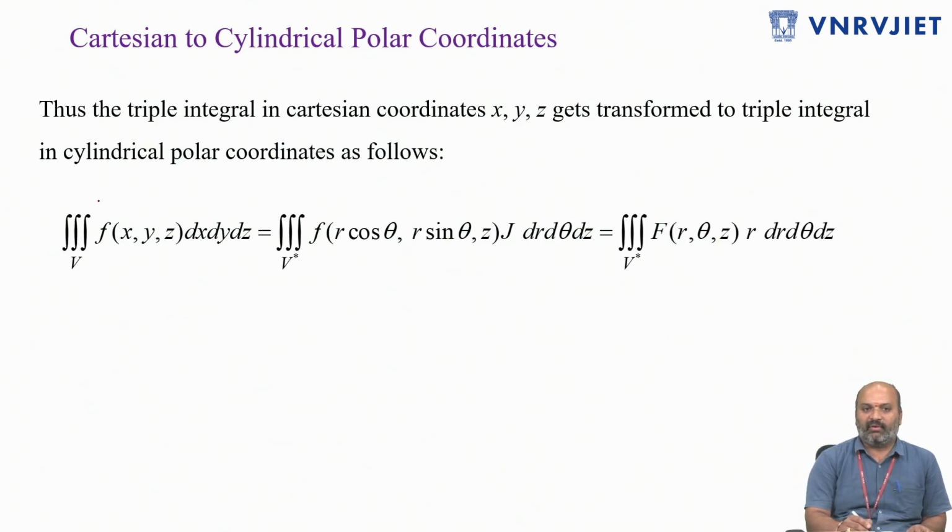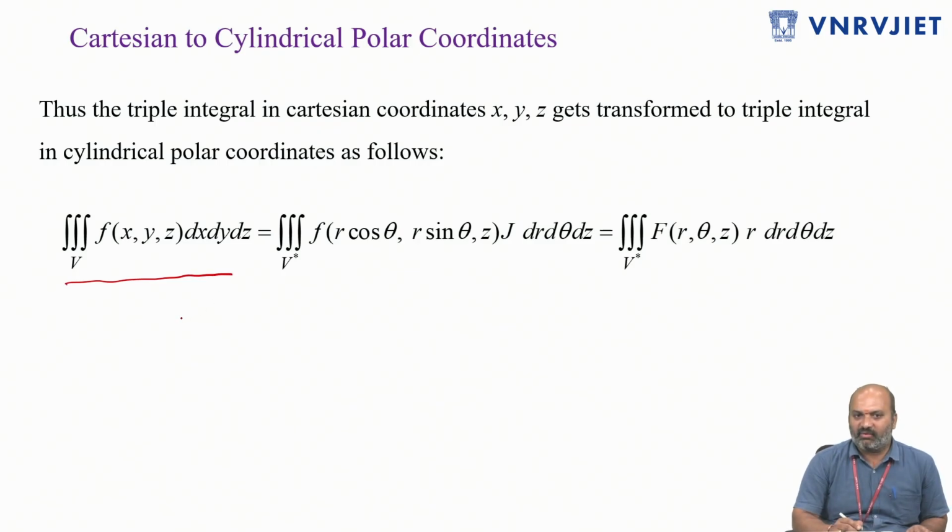Now the equivalent integral: the integral in Cartesian coordinates is the triple integral over V of f of x, y, z dx dy dz. The equivalent integral in cylindrical polar coordinates is obtained by substituting x equals r cos theta, y equals r sin theta, and z equals z, into the Jacobian dr d theta dz. We got the Jacobian equal to r.